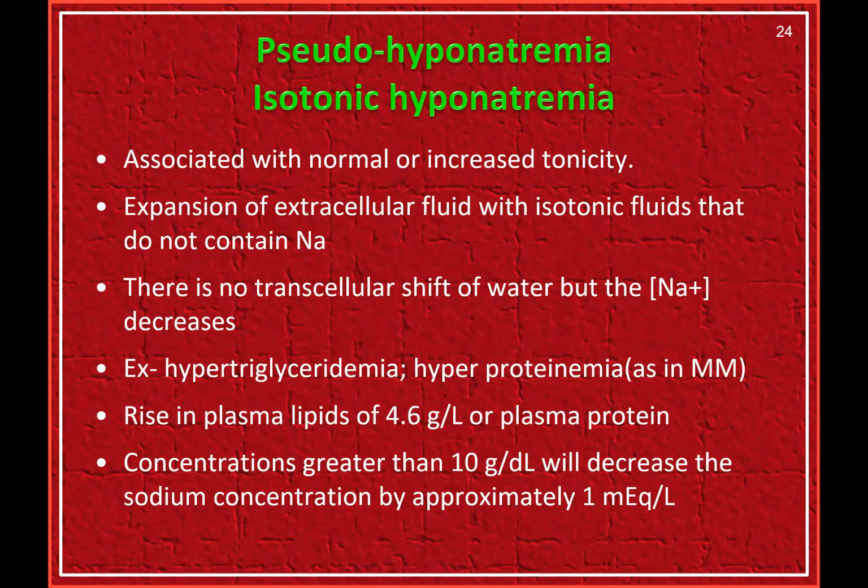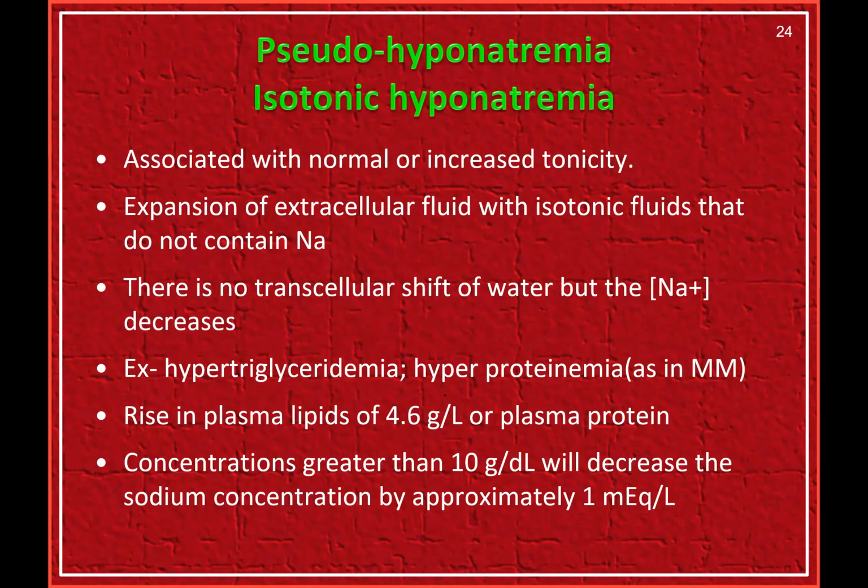We have infused some fluid which does not contain sodium, so the plasma osmolality is normal or increased, but the sodium is lower because excess fluid is infused, otherwise known as a dilutional hyponatremia. There is no transcellular shift of water, but the sodium decreases because we have infused non-sodium containing solutions.